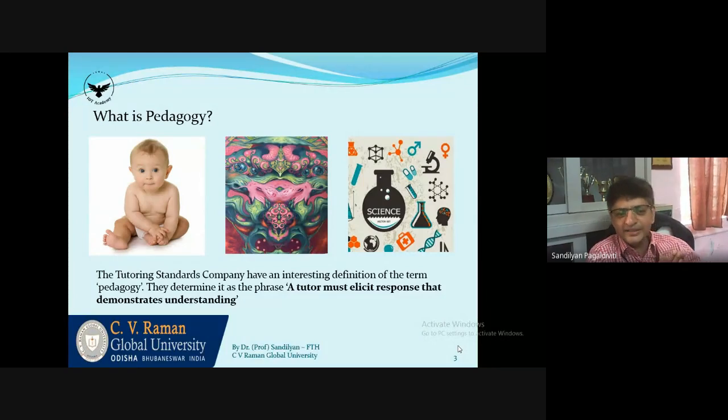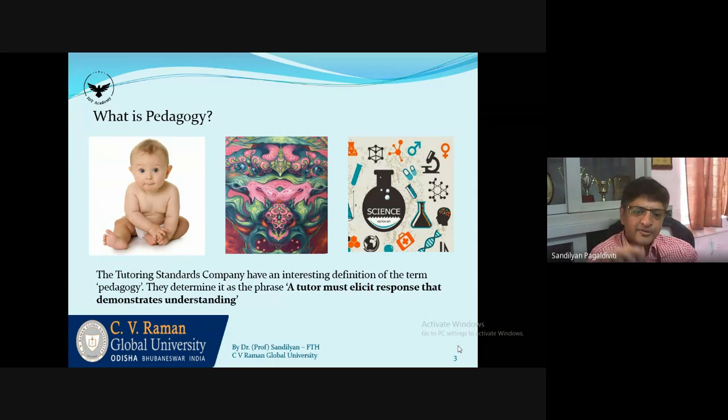So ideally, pedagogy means the art and science of educating or teaching children. When we talk about adults, we say it's andragogy, but the concept of pedagogy still continues because we still believe the students to be children.